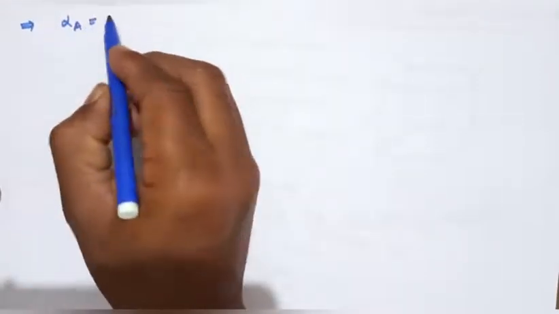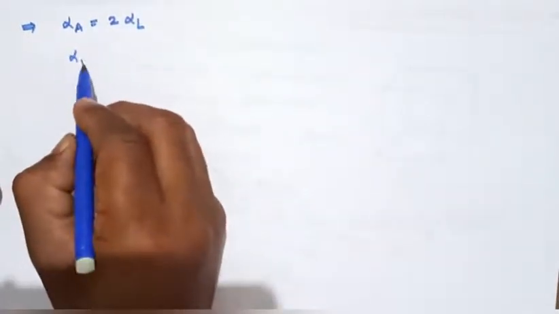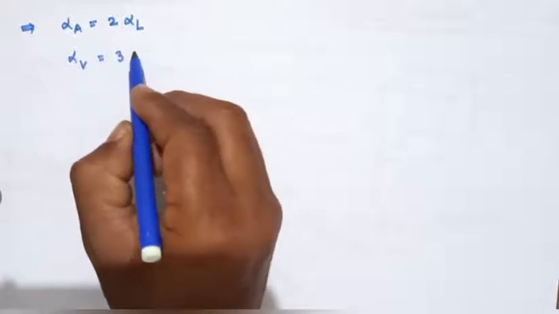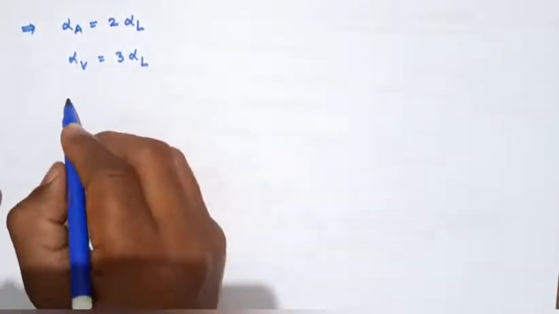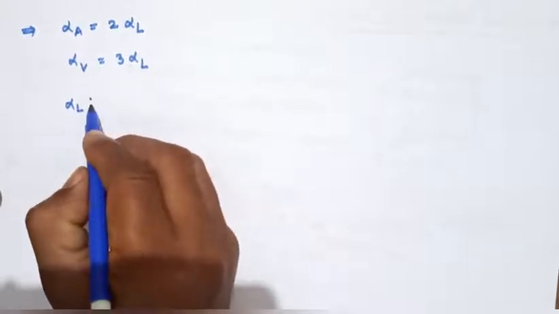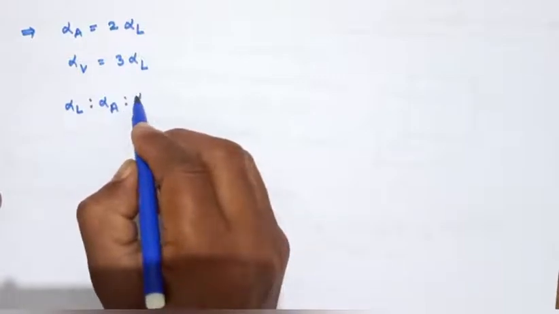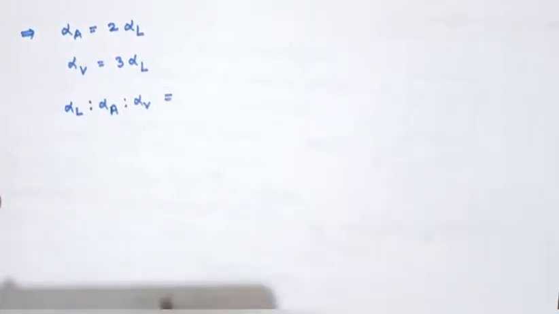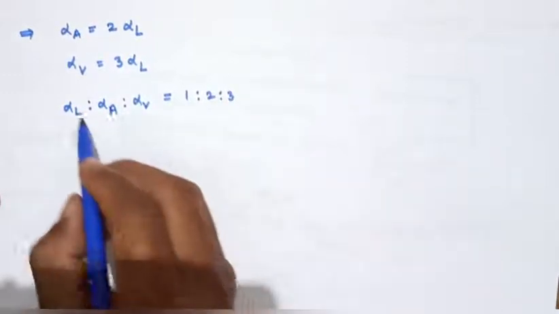So we learned alpha A equals 2 times alpha L and alpha V equals 3 times alpha L. Combining the equations, alpha L is to alpha A is to alpha V equals 1:2:3.